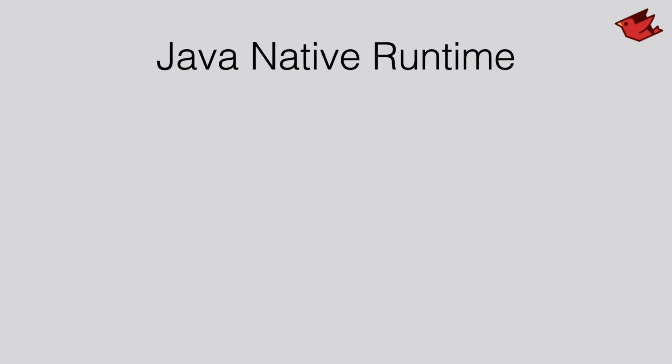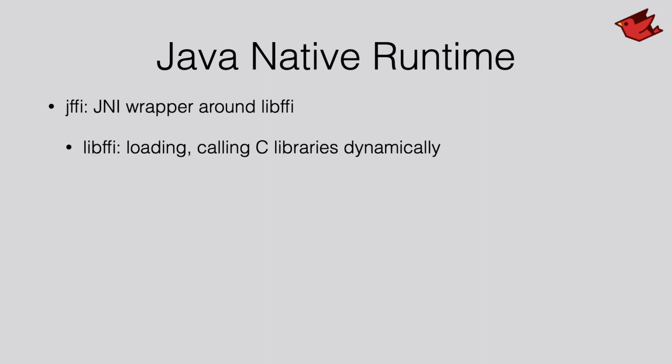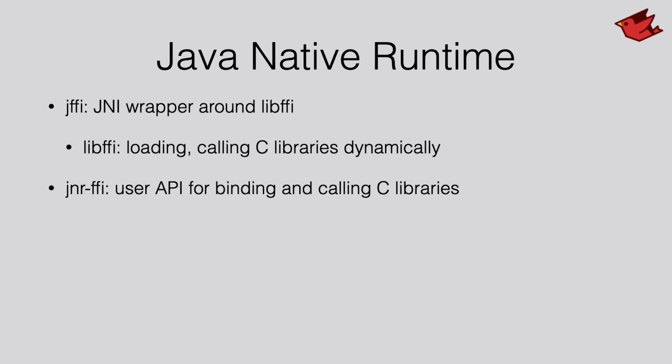In JRuby, we have built a platform called the Java Native Runtime. Java Native Runtime provides a way to use the FFI library, the libffi foreign function interface, to load and call C libraries dynamically, without writing any C code, without running any compiler. On top of that, we build the JNR FFI API for binding these libraries.